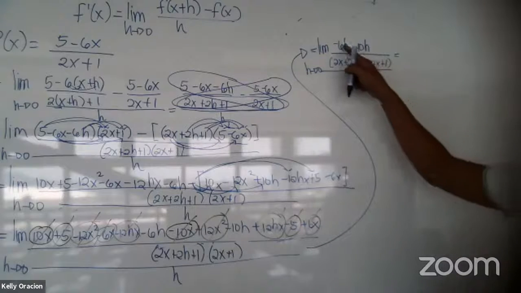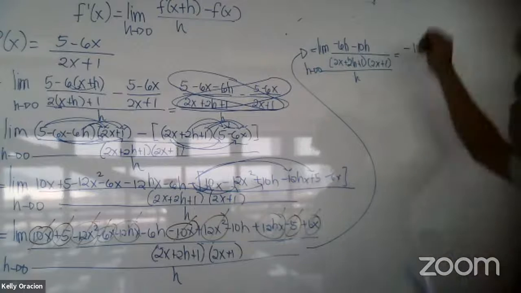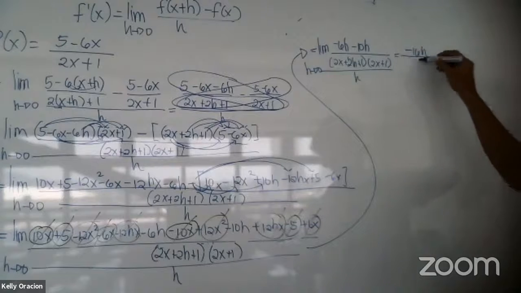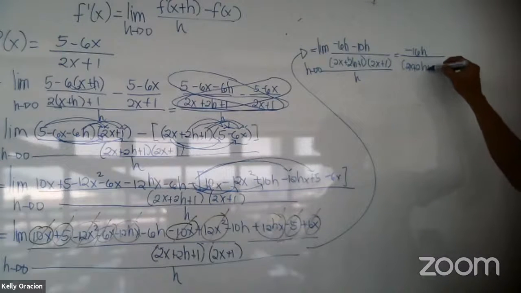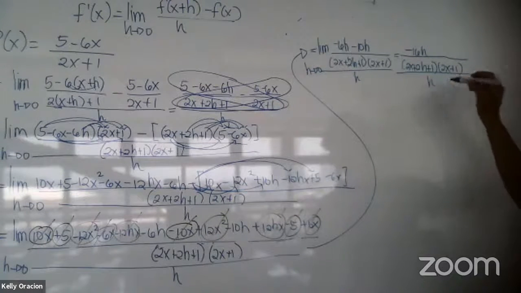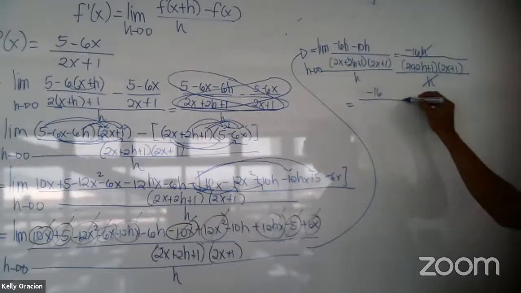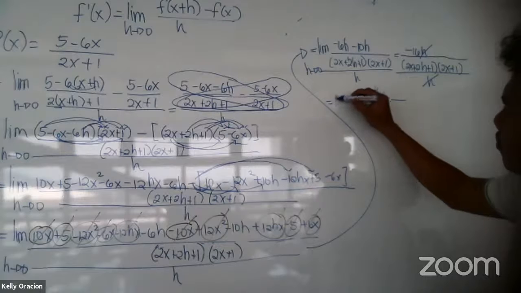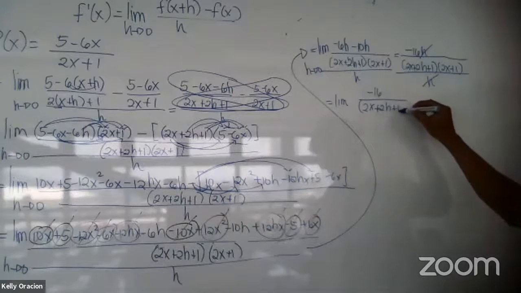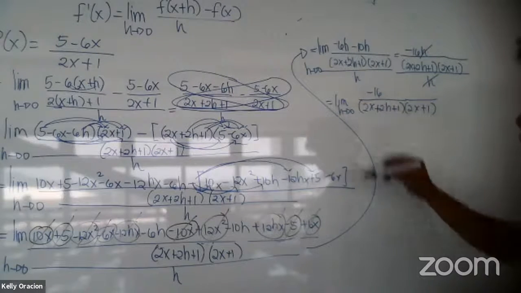Okay. Negative 6h minus 10h, that's negative 16h. Negative 16h over 2x plus 2h plus 1, 2x plus 1, over h. Cancel, cancel, naiwan, negative 16 over 2x plus 2h plus 1, 2x plus 1, as h approaches 0.